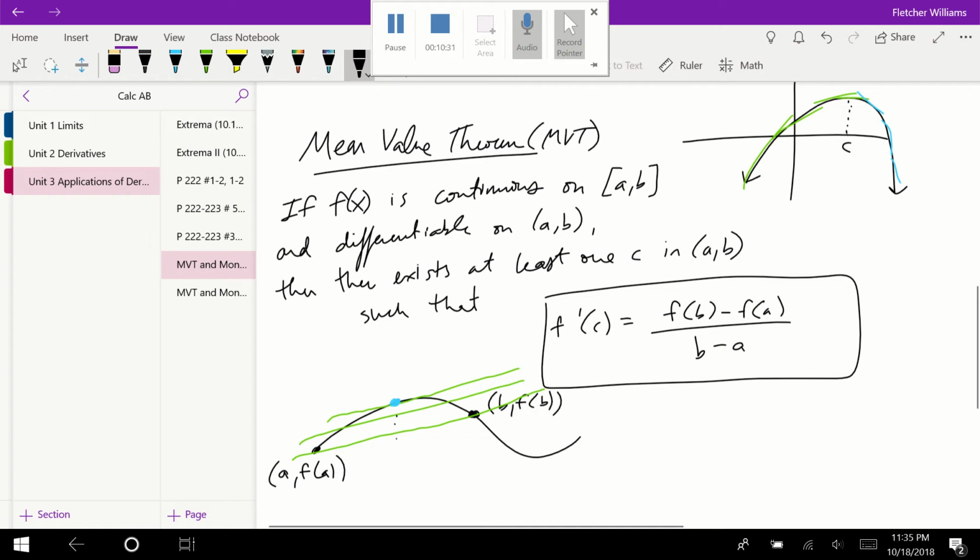So this is the point C, where f prime of C equals the slope formed between the two endpoints.